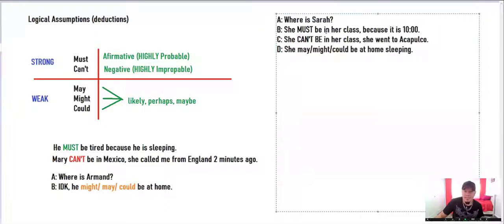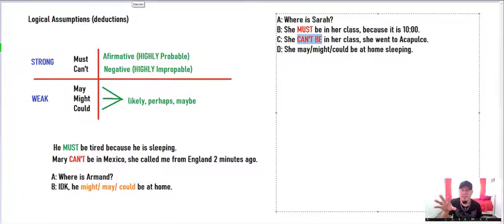What happens in this case is that person A is asking for Sarah, and if you notice, the question is not using a modal verb. The difference in this case is that when we say must, I am pretty sure, really sure that Sarah is in her class. But on the other hand, person C is pretty sure that she is not in her class.